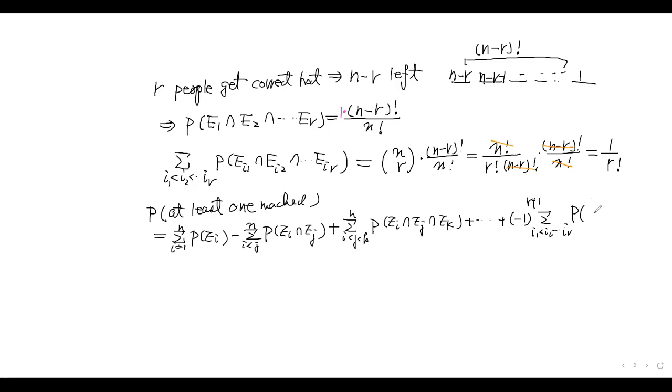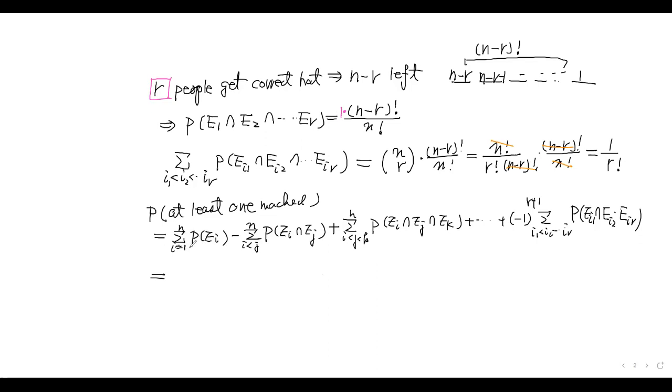then here your probability of E_I1 intersect E_I2 intersect E_IR. Okay, so now let's take a look. So the first one here, remember, is 1 over R factorial, where R is the number of people who get the correct hat.